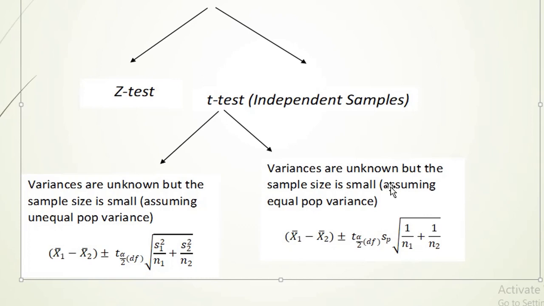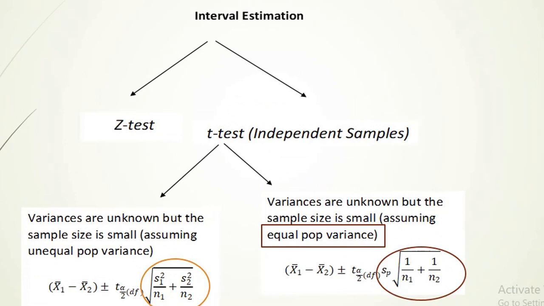What does it mean? If you are taking two groups, for example men and women, you take a sample of 30 men and a sample of 40 females from the population. You are assuming that the dispersion in the men group is the same as the dispersion in the female group. So what's the difference?